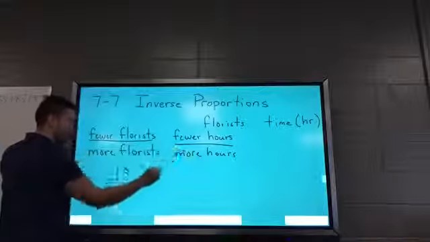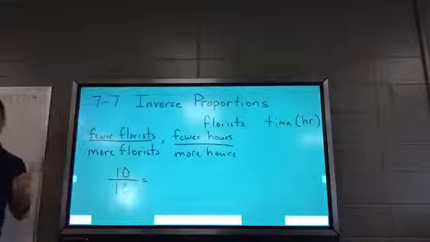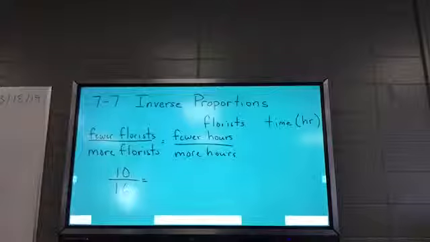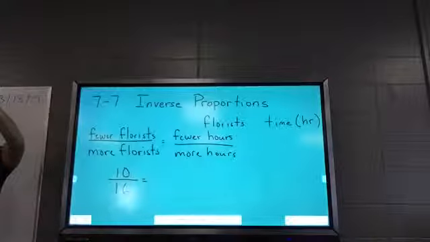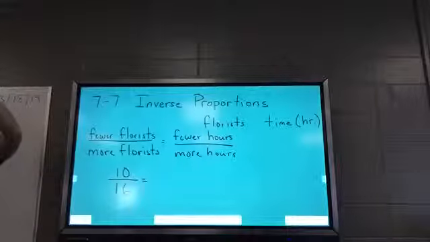Here's where you got to think about it though. They gave me 12 hours for 10 florists, right? If I have 10 florists, 12 hours of work. Now they gave me 16 florists, right? They went up. So what happens to the hours? It should go down, right?